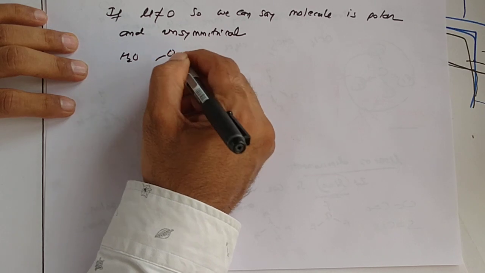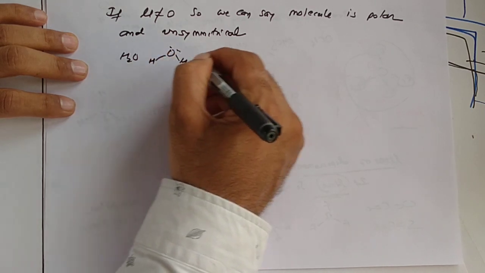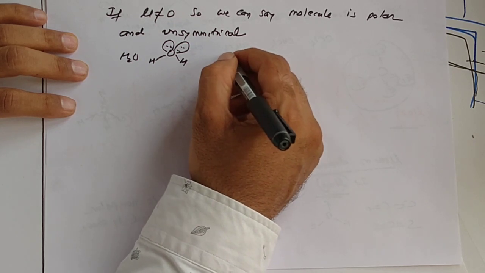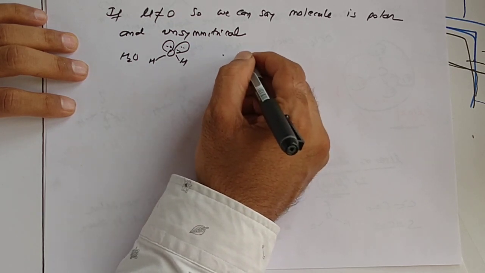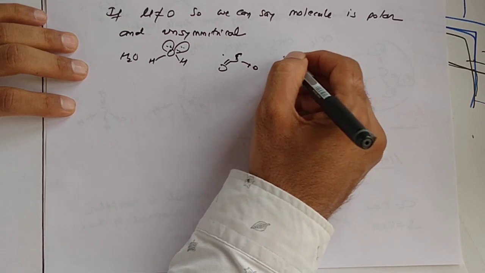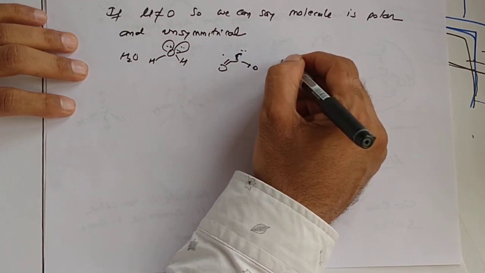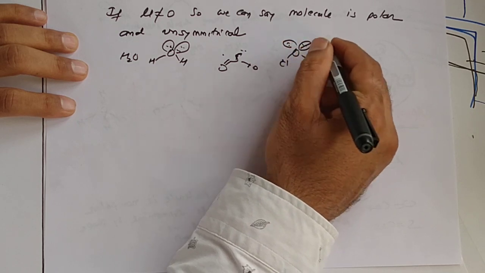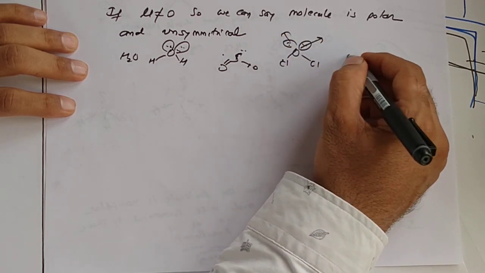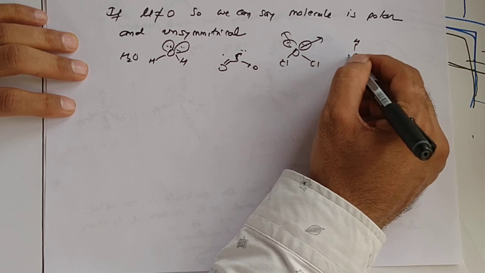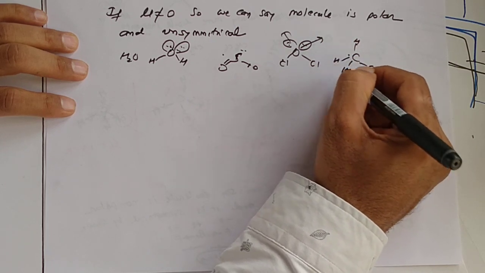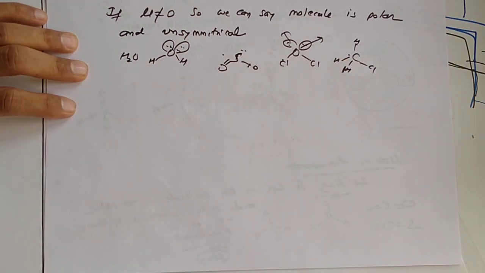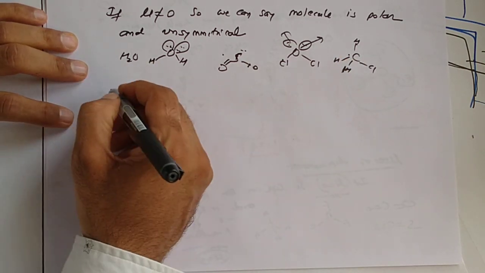So examples of it we discussed: water, why? 2 lone pairs, 2 bonding pairs. Sulfur dioxide, then Cl2O, due to 2 lone pairs, Cl2O, CH3Cl are non-symmetrical. Understood?